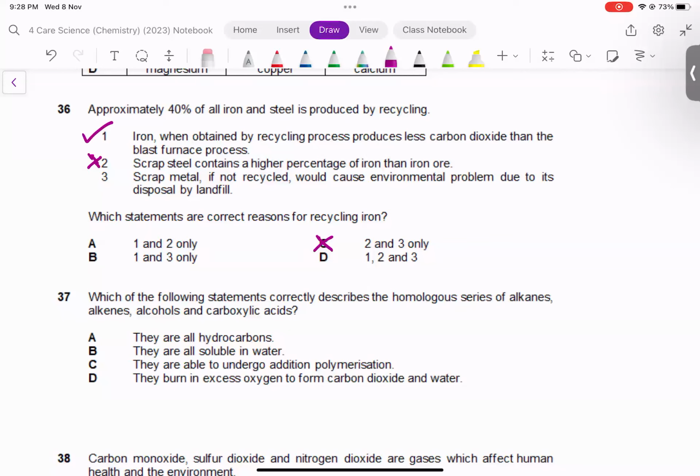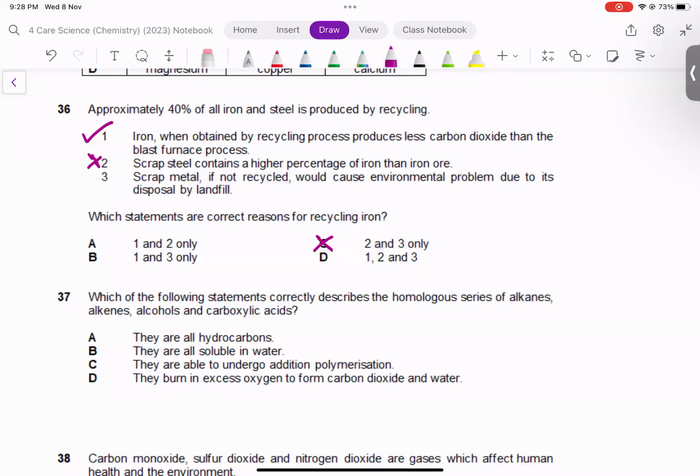Now, why is that the case? Now, scrap steel is basically steel that's discarded. So firstly, steel is an alloy of iron and carbon. Next, because it's scrap steel, it's probably dirty, it's probably rusty. Hence, compared to iron ore, perhaps the percentage of iron may not be so high.